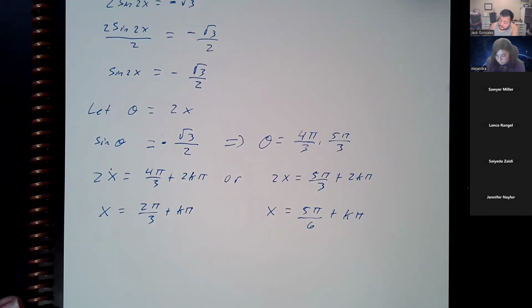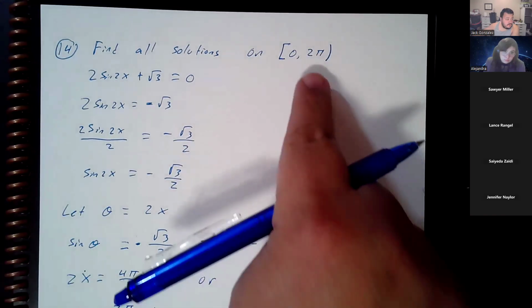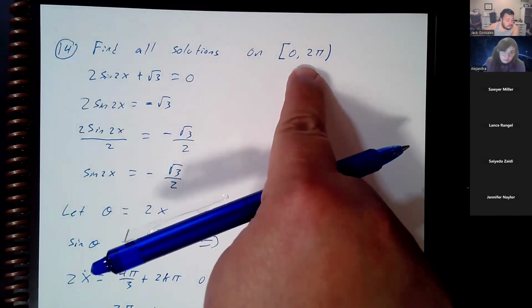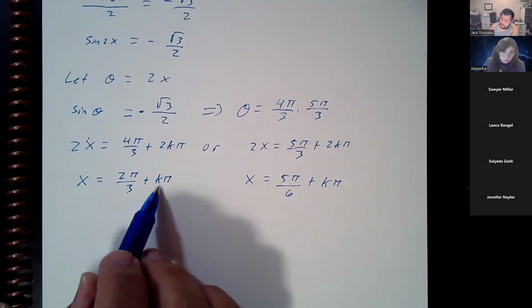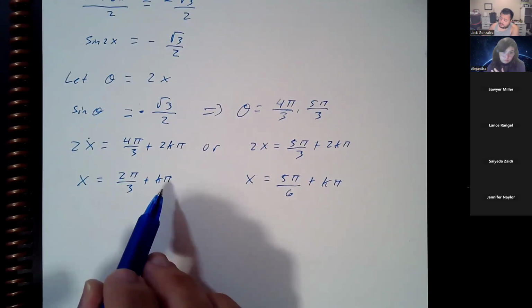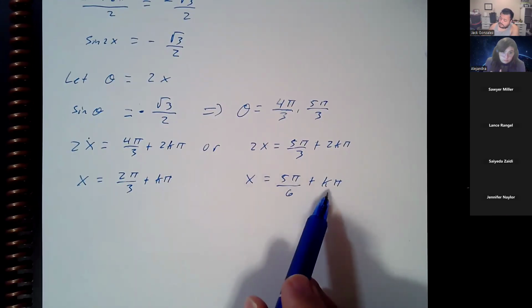So that's the general solution for all solutions, but that's not what they want. This will help me find what they want. I need to find all of them from 0 to 2 pi. So I'm going to choose k equal to 0 and 1.